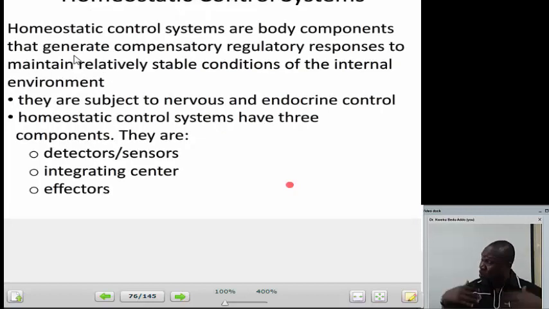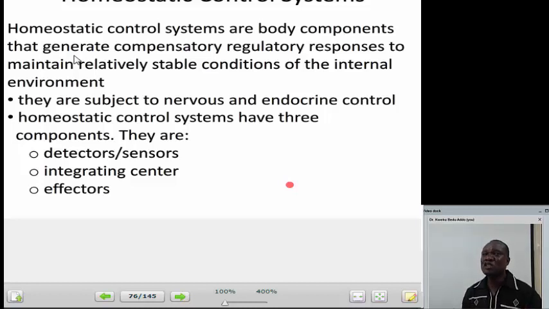Now, we're going to look at the homeostatic control systems. And the control systems are the components of the body, so the organ systems that we saw. Now, these would ensure or generate compensatory responses to maintain a relatively stable environment. Meaning, if the internal environment is threatened by a stressor, these control systems would generate a compensatory response to combat the stressor.